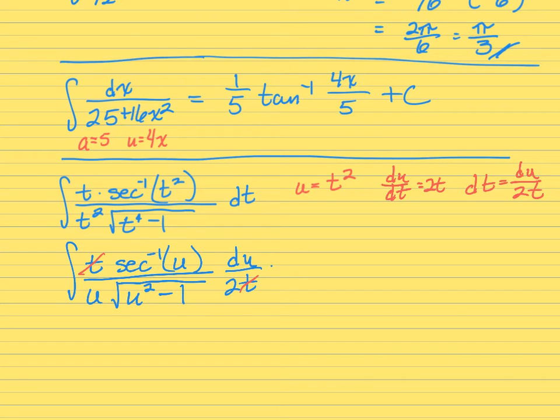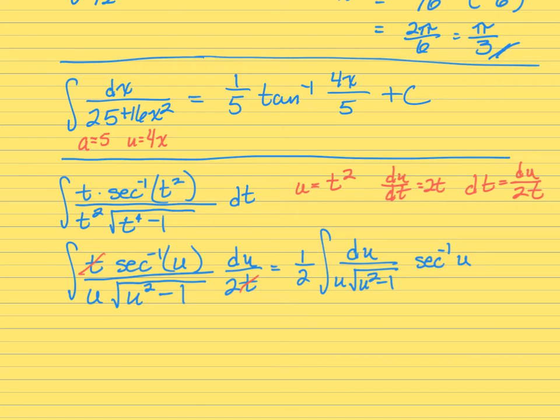So we're left with, let's rewrite it, 1/2 the integral of, I'm going to write it like this, inverse secant of u, du over u square root of u squared minus 1. I'm actually going to pull the inverse secant off the top right there. Okay? All right, so there is the simplified version after we've done the substitution.